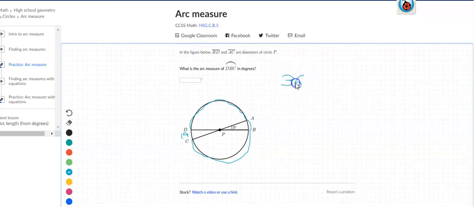So the easiest thing to do here is I recognize it's just 360 minus 19, which, if I'm doing this without the calculator, gives me 241.